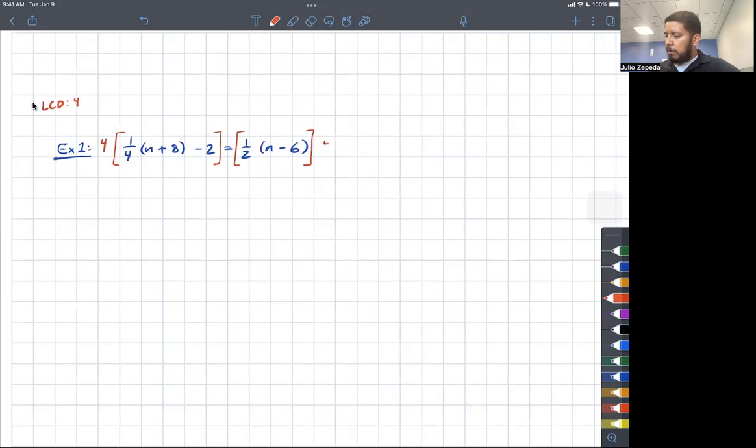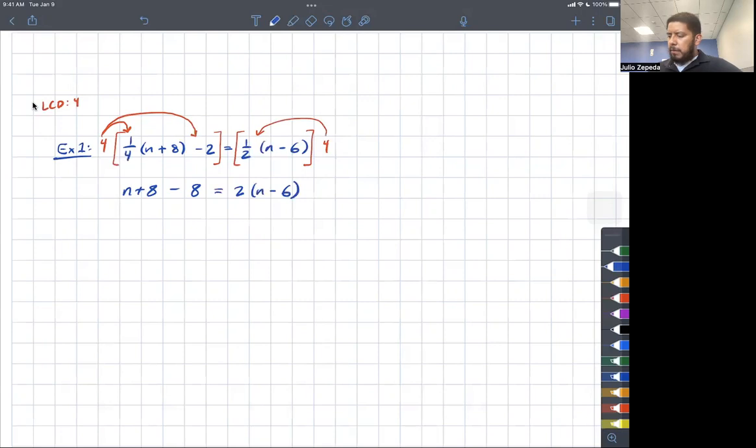So I multiply by 4 on both sides. 4 times 1/4 is going to cancel out that factor of 1/4, and you get a factor of 1. Then we multiply 4 by our -2, and then we'll multiply 4 by the 1/2. And so this is going to give us n plus 8. The 4 and the 1/4 canceled, minus 8 is equal to 4 times 1/2 is 2, and minus 6.